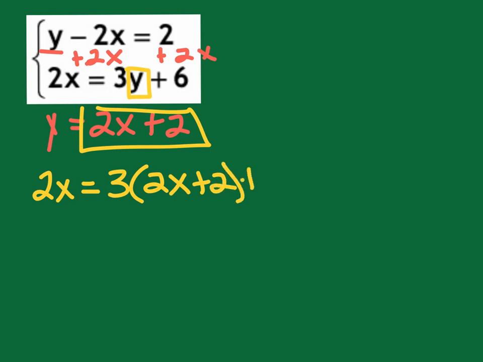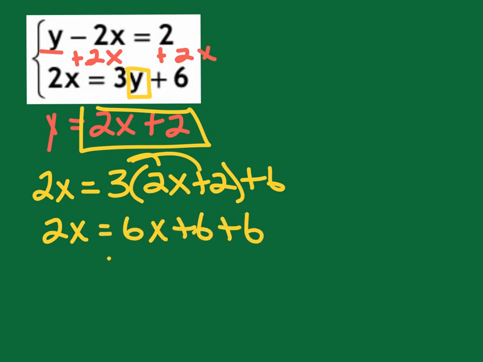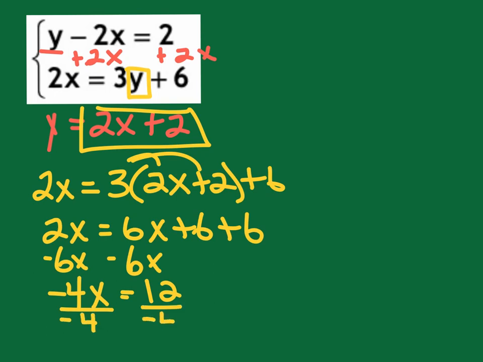Substitute in, write out the rest, distribute. Combine like terms, and I'm going to also move the 6x. So negative 4x equals 12. Divide by negative 4. I'm going to get x equals negative 3.